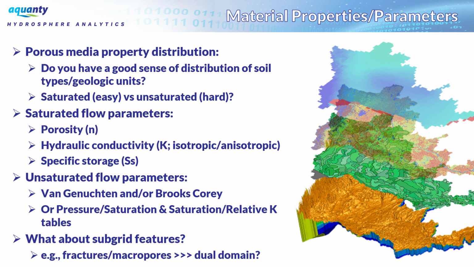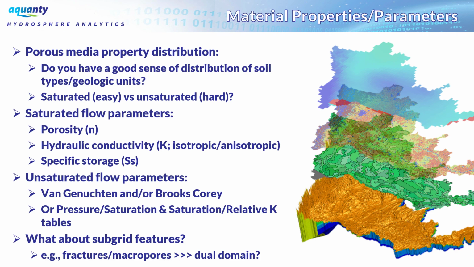We can also potentially just use pressure versus saturation or saturation versus relative K tables instead of using the actual van Genuchten or Brooks-Corey functions. A typical workflow is actually to use the functions to produce these tables. And so we'll sub those tables in instead of the functions themselves, because the tables will be a lot faster for HydroGeoSphere to process. So we'll have some more notes about that later on, and a key command that will help you to basically generate and use these tables.